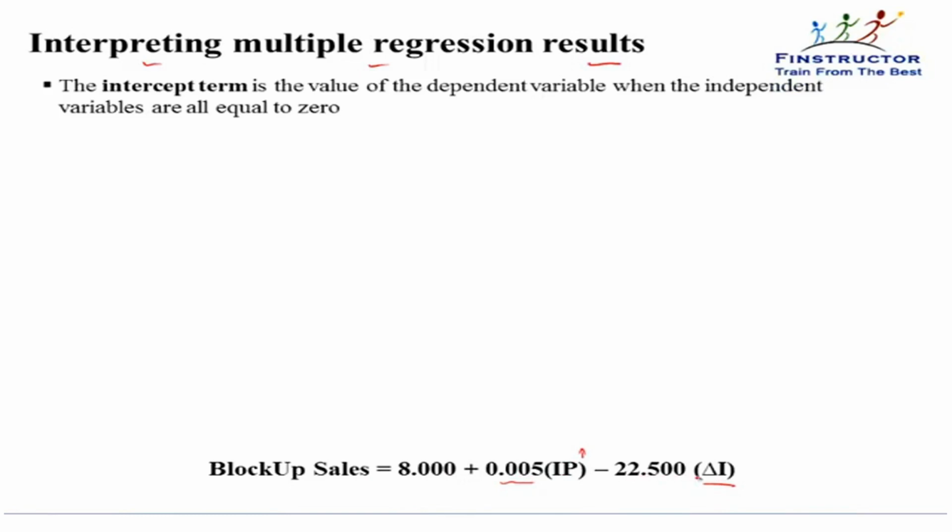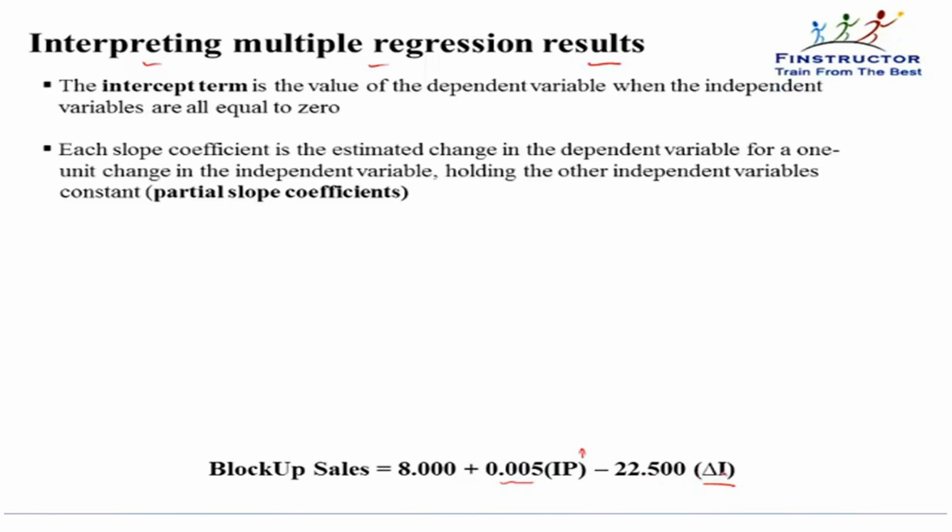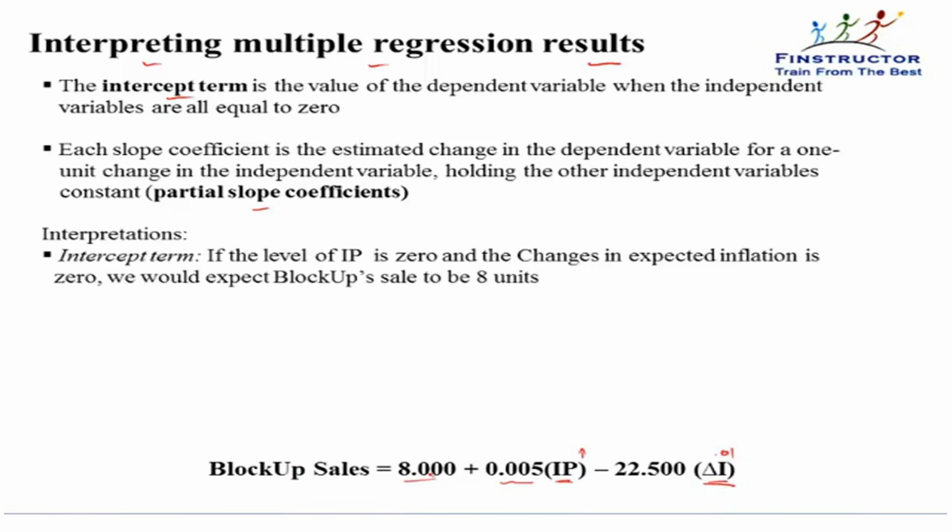The minus 22.5, that is the coefficient of delta I, indicates that if the industrial production remains constant and just the inflation increases by 0.01 units, then the sales will fall by 0.225 units. These are called partial slope coefficients. The intercept term represents that when both IP and change in expected inflation are 0, the sales are expected to be 8 units.